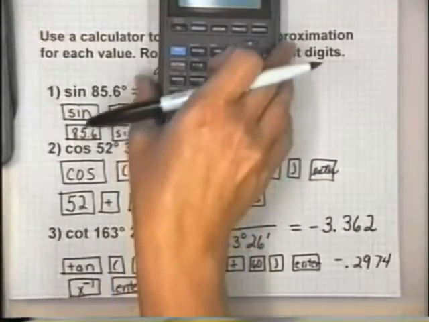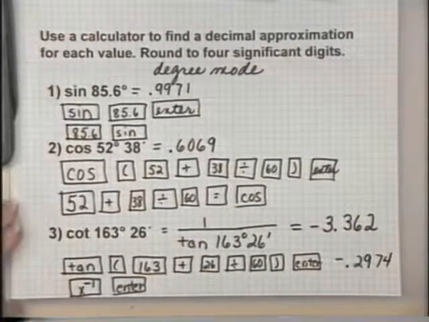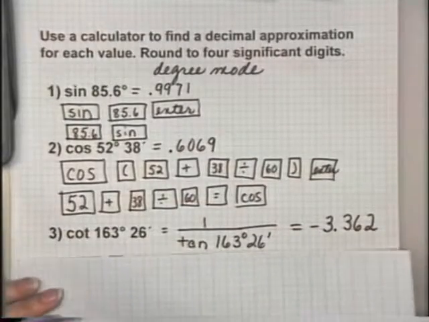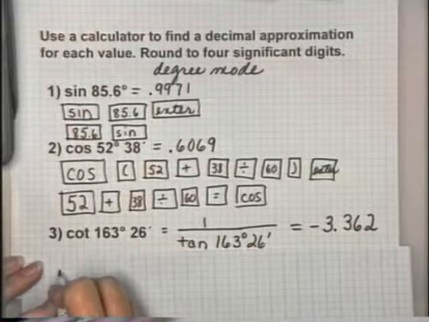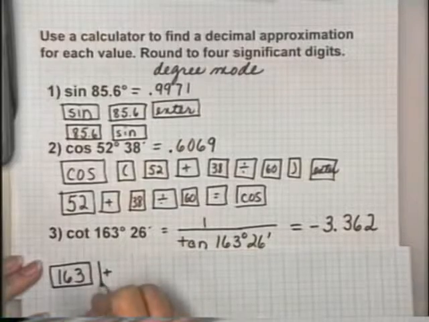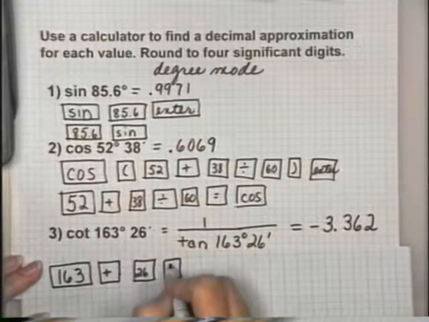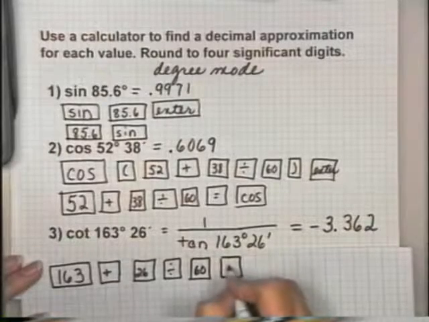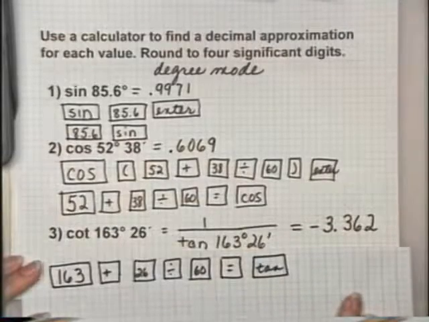Now, let's put the keystrokes for the scientific calculator. The thought here is still the same, but we'll have to put the angle in first, and so we'll go 163 plus 26 divided by 60 equals, and then we'll push our tangent button.